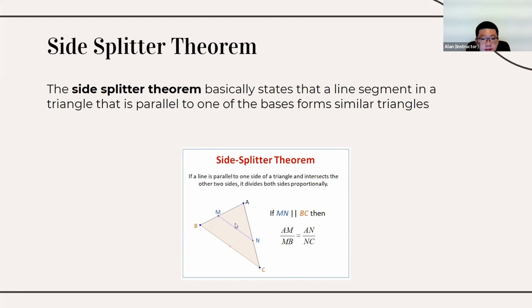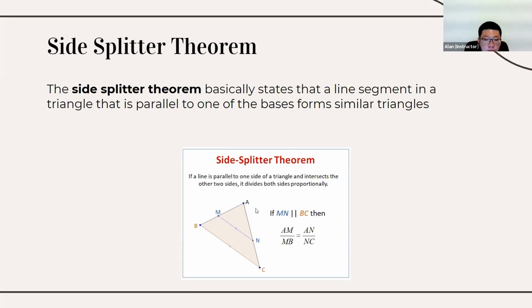As you can see in this diagram, MAN is going to be similar to BAC, and you can do that using angle, angle, angle. First of all, they both share the angle A, because BAC is going to be equal to MAN.